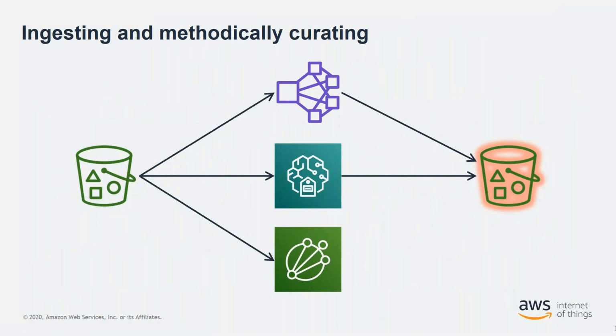So we can use one of these services to actually take your golden data set and evolve it into a curated data set. Now, AWS IoT Analytics gives you virtually a one-stop shop. It manages data sets for you. And you can use those data sets directly to ingest into SageMaker when you're building your machine learning algorithm.